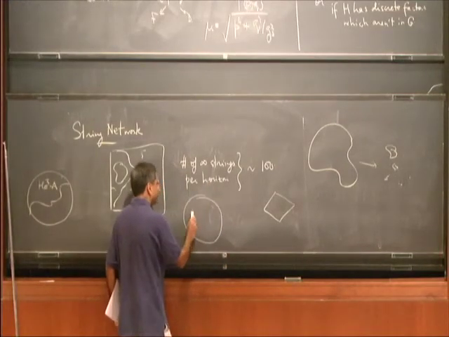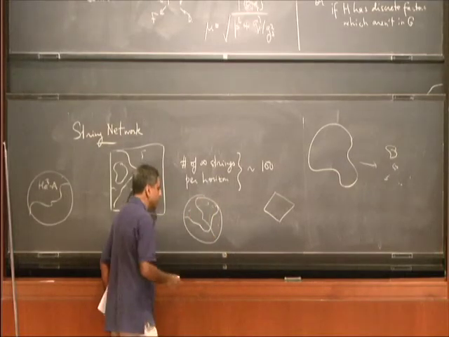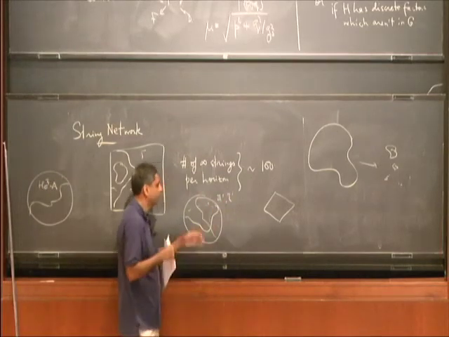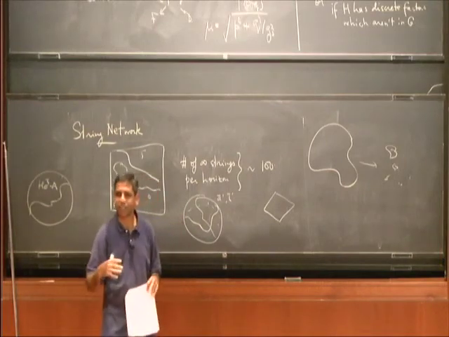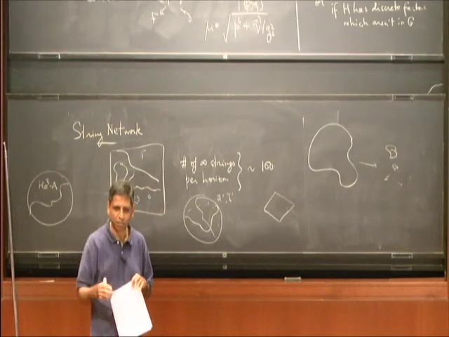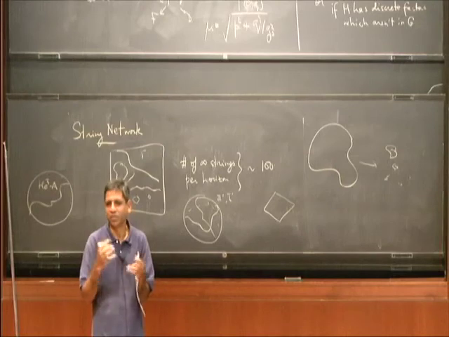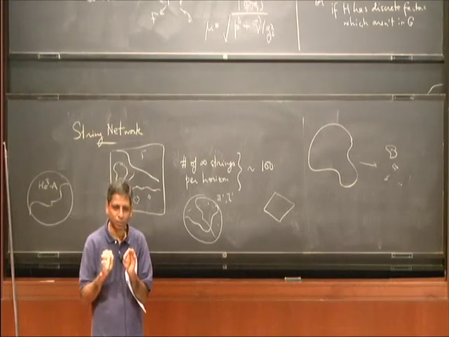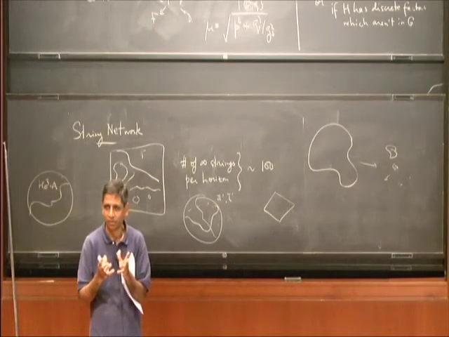If you have a loop, which is some path, you want to find A prime and B prime on the sphere, such that the dynamics of the loop is such that it never intersects. Of course, if you take a very complicated path, then as the loop is moving around, it's going to hit itself and intersect. So you know that the loops that do not intersect have to be relatively simple.